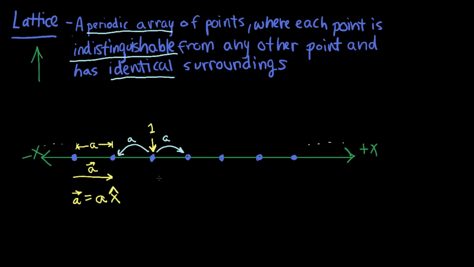It is possible, however, to define somewhat of a roadmap to get around this lattice, and that would be known as a position vector. I can define a position vector r. I'm going to define it in terms of A, the lattice translation vector, and u.